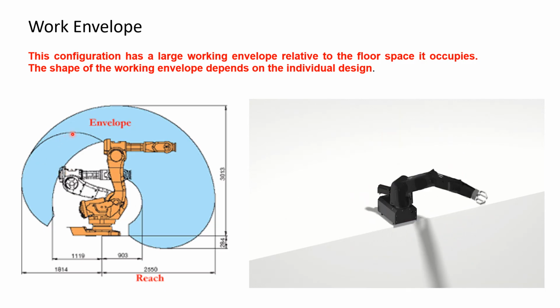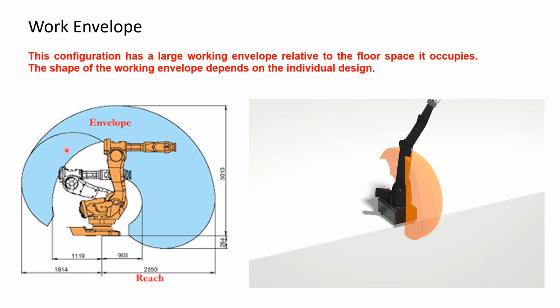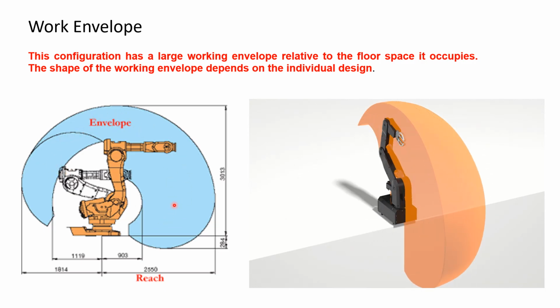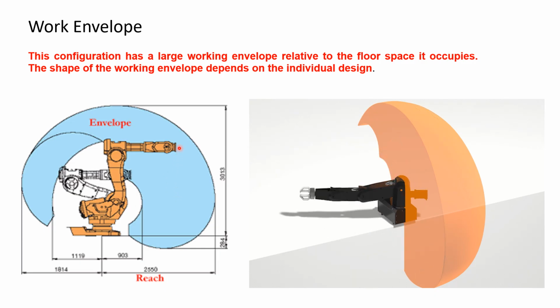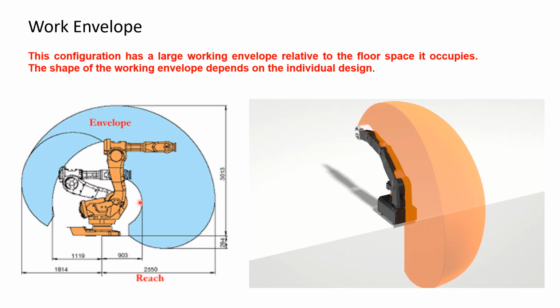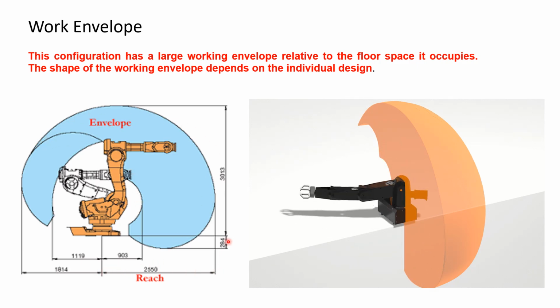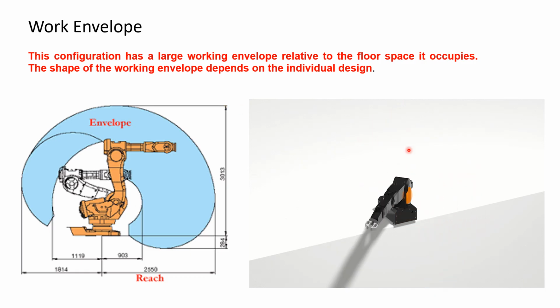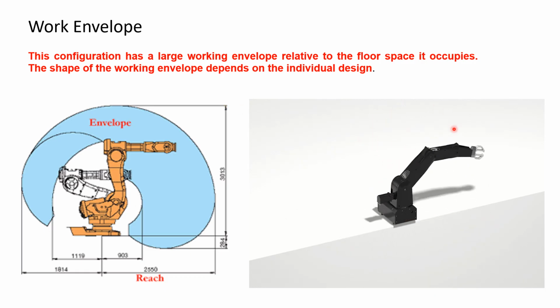This blue color zone is the actual available working envelope, in which we can perform whatever task we want. You can also understand the restricted zone, the maximum work envelope, the maximum horizontal reach, the vertical reach, and here you can see the shape of the envelope.